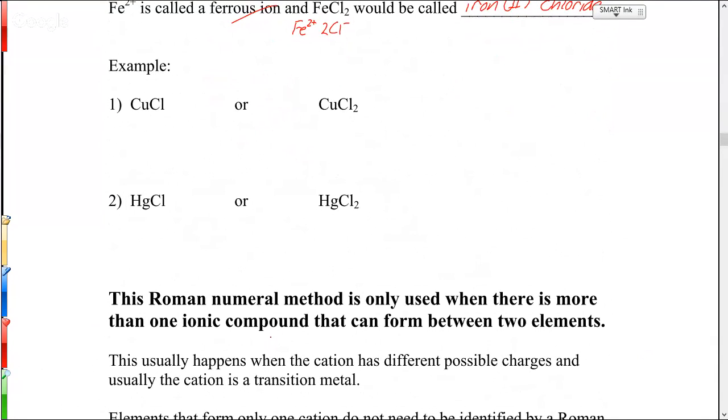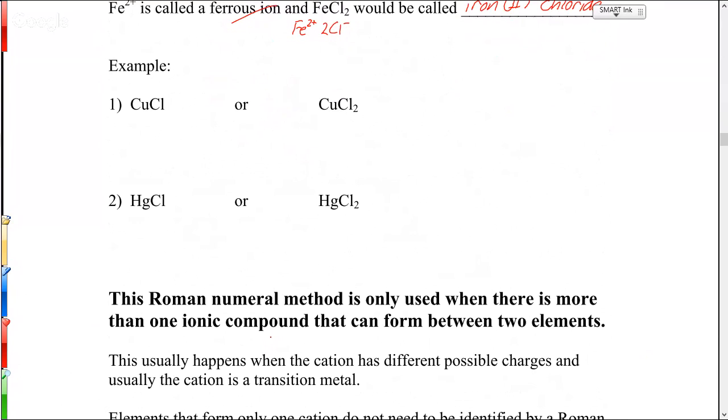So let's look at these other compounds of copper. So we've got CuCl versus CuCl2. What's the difference in naming those 2 compounds? They're both going to be copper chloride. How do we differentiate between them? Yeah, which one?